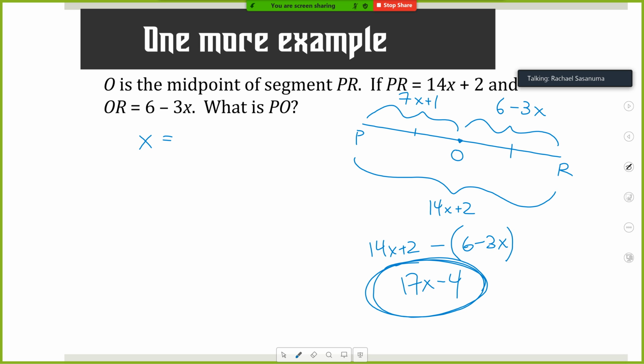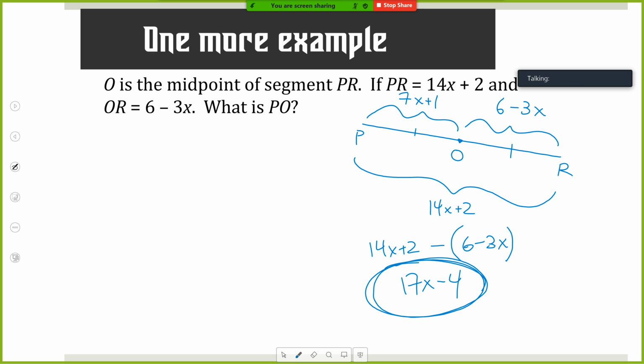It's half of PR. Yes, and how do PO and OR relate to each other? They both equal PR.